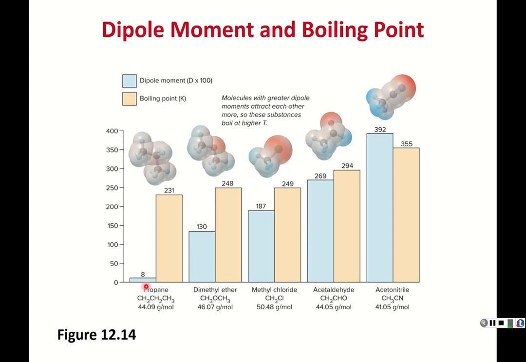This figure shows dipole moment with respect to boiling point, and you can see that they are correlated. The higher the dipole moment, meaning the more polar something is, the higher the boiling point in general is going to be.